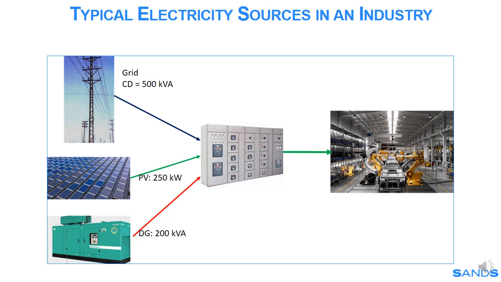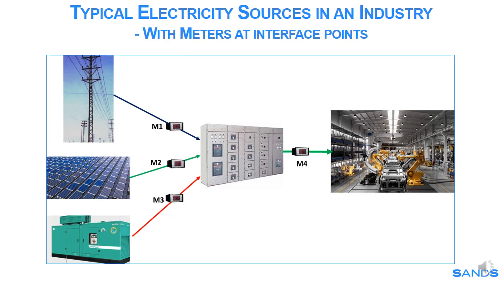These multiple sources provide the required supply to the industry. Meters are essential components for monitoring, and the same is shown here with meters M1 to M4, with M4 monitoring the load.